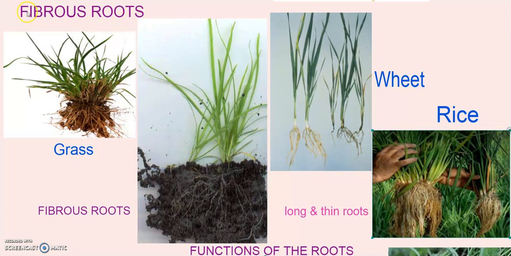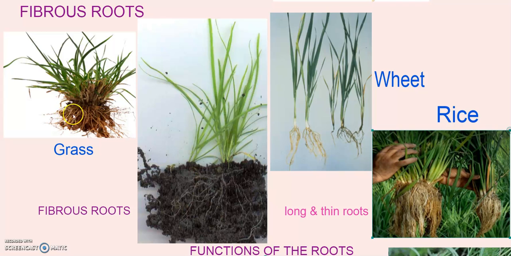Let's learn about fibrous roots. What are fibrous roots? In which type of plants do you find fibrous roots? Yes, these are the plants in which you find fibrous roots. This is a grass plant, and this is also a grass plant, and this is a wheat plant, and these are rice plants.